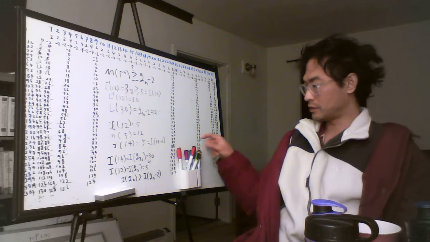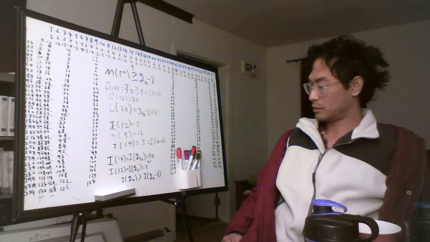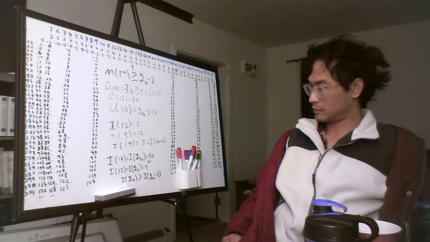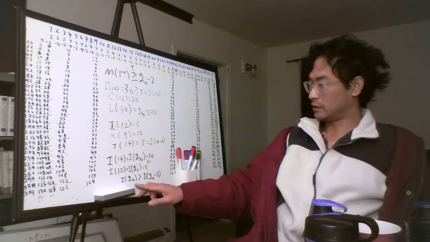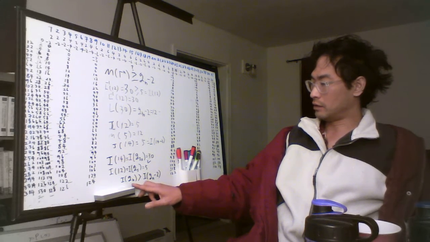But isn't this kind of obvious? When n is 30, G of n is 14, right?